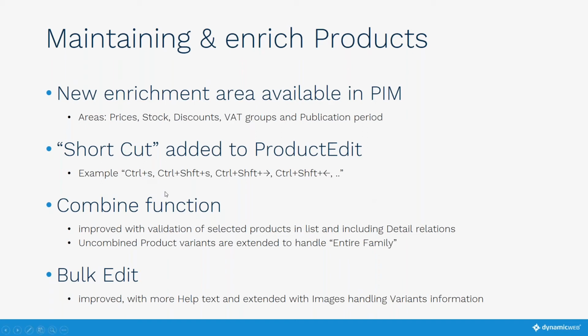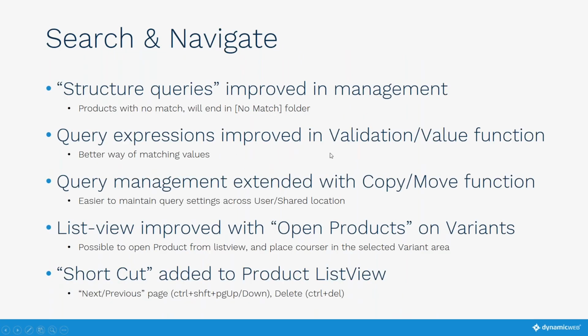You can save products without using your mouse. Added some functions to combine. Search and navigate have been added new functionalities, new validation possibilities, and also you can maintain your queries. You can copy and move them across users and organizations and folder structures.